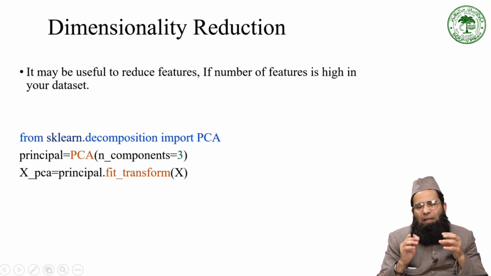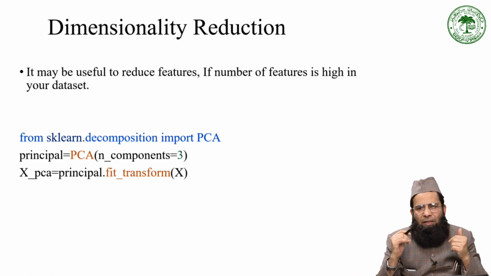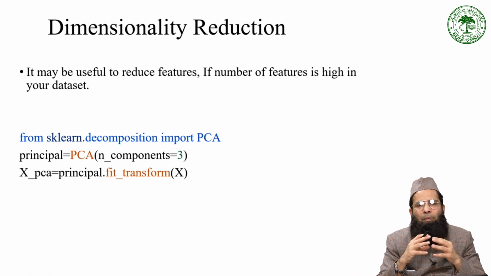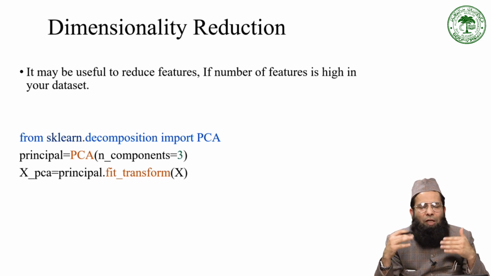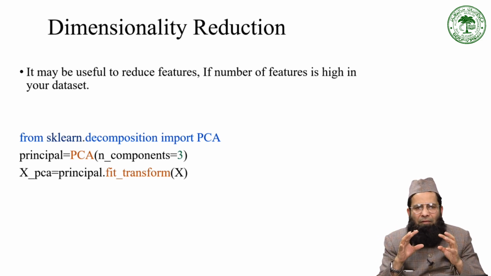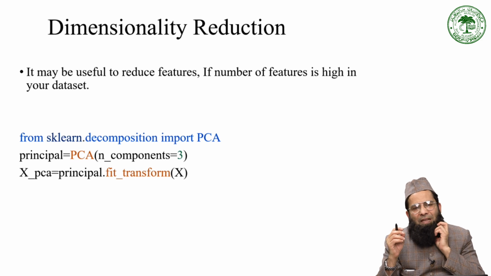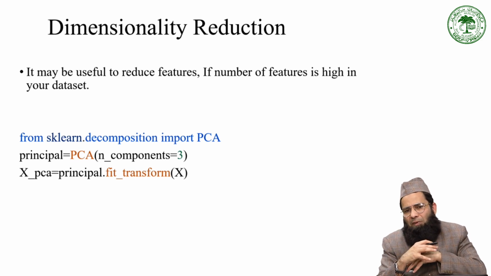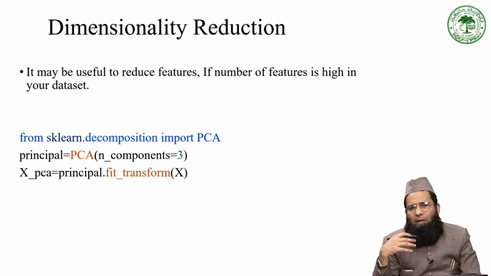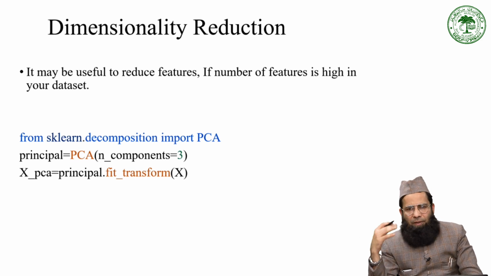Dimensionality reduction refers to the process of reducing the number of variables in a dataset. When dealing with high dimensional data, also known as the curse of dimensionality, this process becomes essential when you have a large number of independent variables.